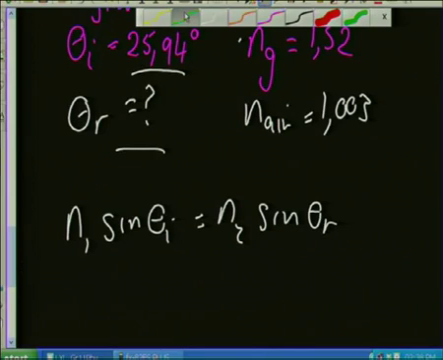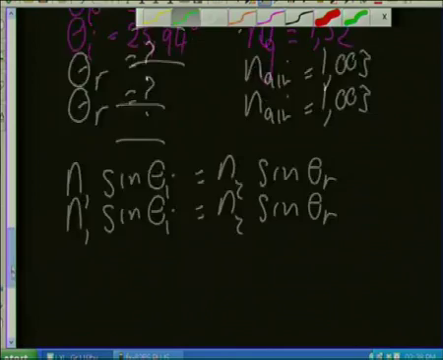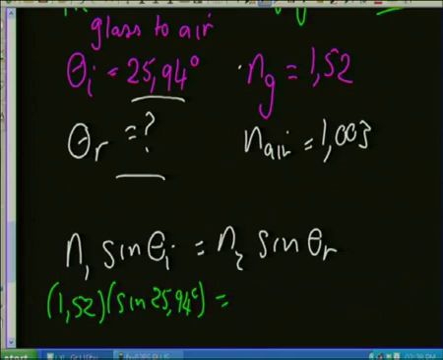The reason we do this is so that you can get the marks. Now, the refractive index of the first material, the glass, we calculated as 1,52. The angle of incidence was 25,94 degrees, and the refractive index of air was given as 1,003.